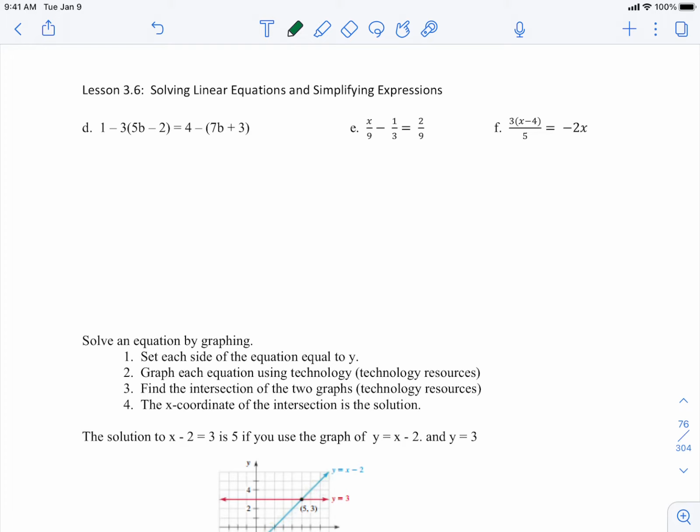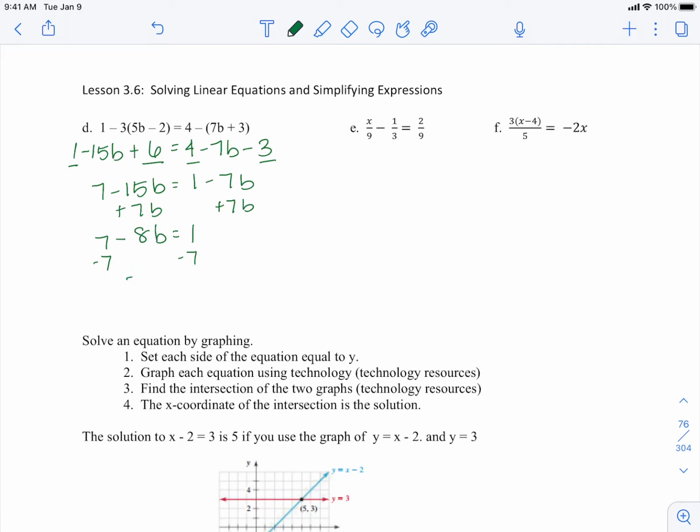So 1 plus 6 is 7 minus 15b is equal to 4 minus 3 is 1 minus 7b. I can add 7b. 7 minus 8b equals 1. Subtract 7. Negative 8b equals negative 6. Divide by negative 8. And b is going to be equal to 3/4 or 0.75.